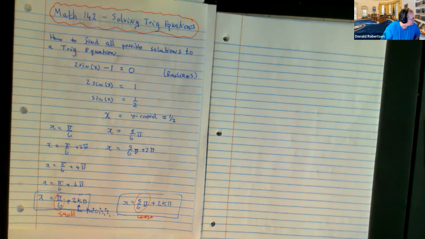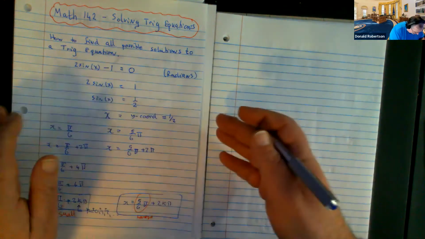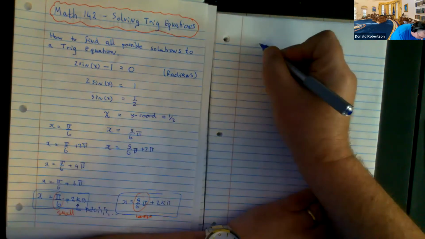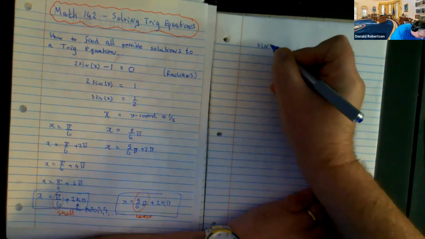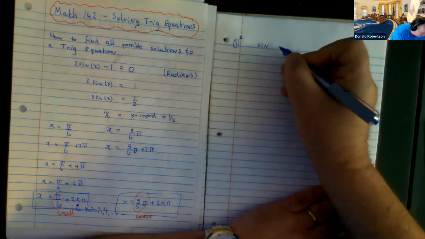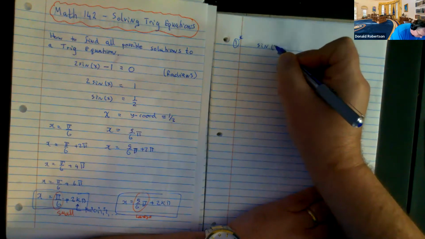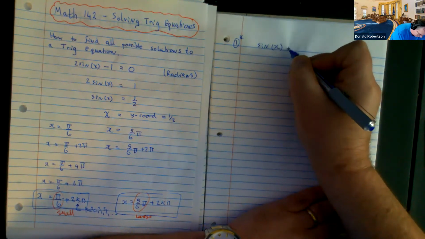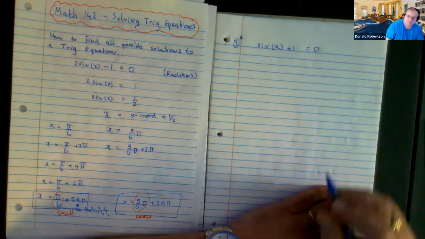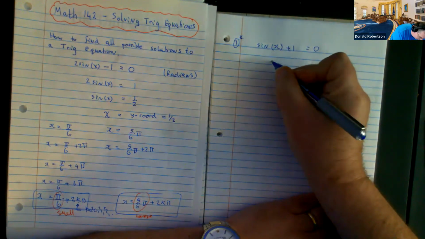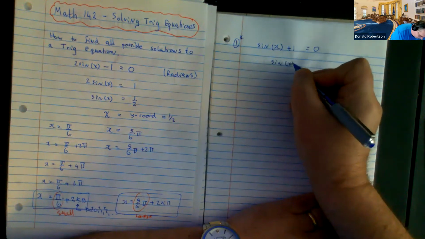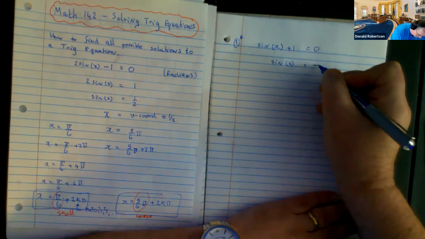So the next one I'm going to do is just a minor change, but minor is enough to cause problems. It's similar to question 1. It's going to be the sine of x plus 1 equals 0. And I'm going to do the sine of x equals -1.